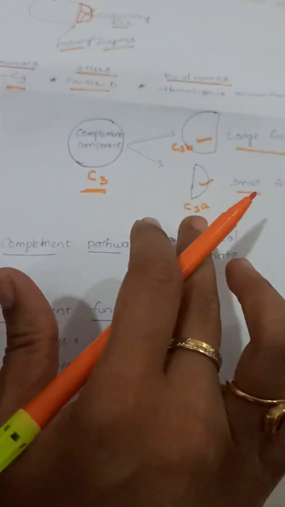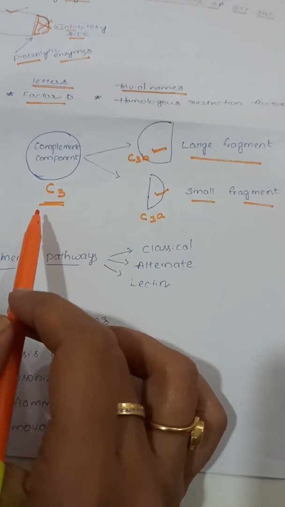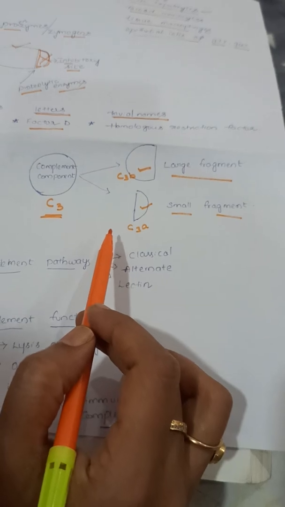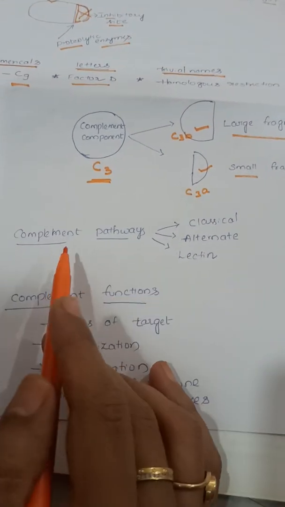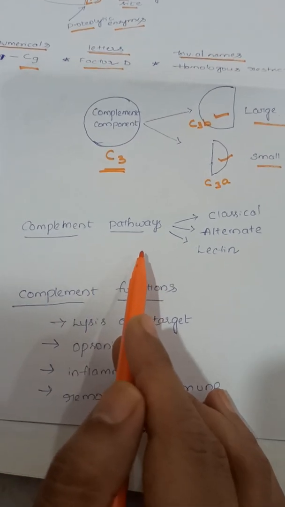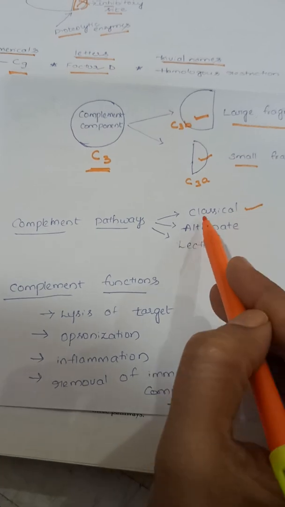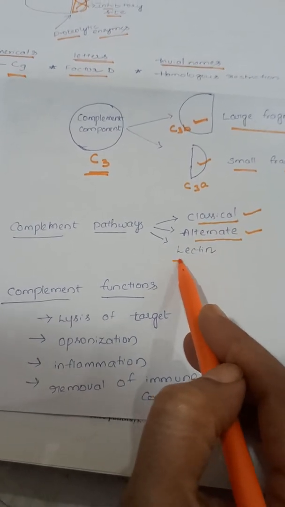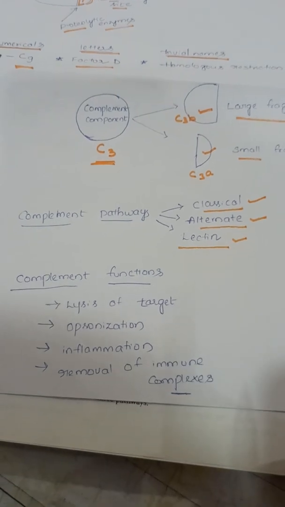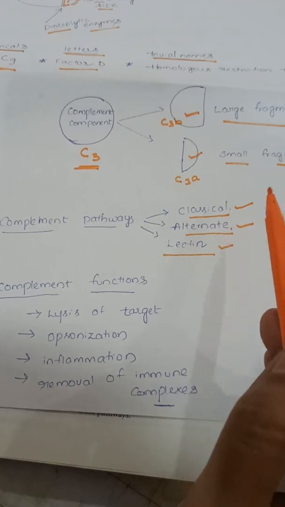This is about the cleavage of different complement components. So this forms the basis for understanding the different complement pathways. The complement is activated, and it will function in three different pathways. One is the classical pathway, the second is the alternate pathway, and the third is the lectin pathway. However, in the syllabus we have only the classical pathway and the alternate pathway.